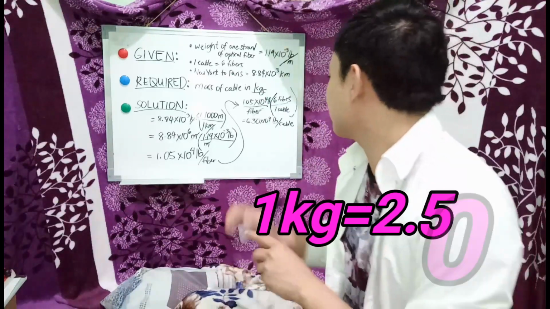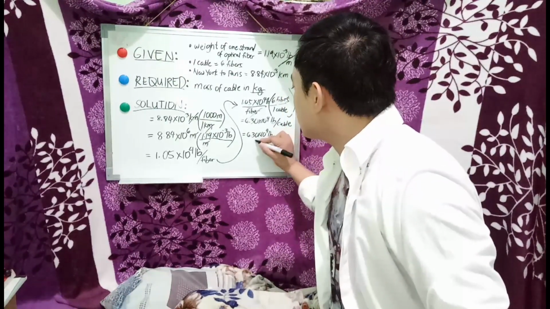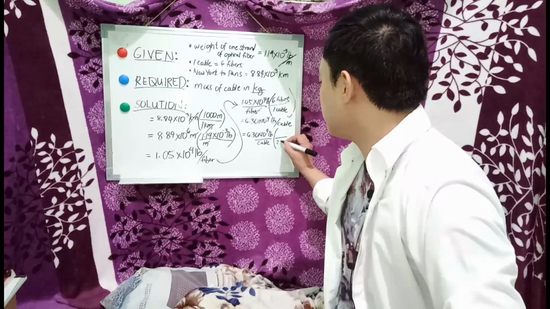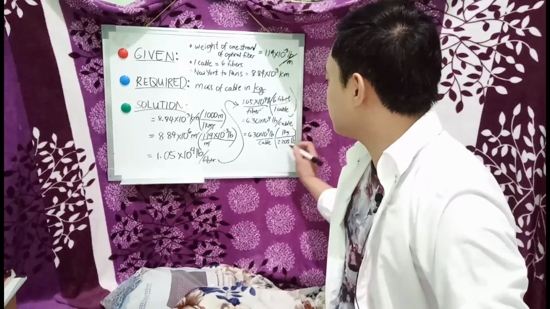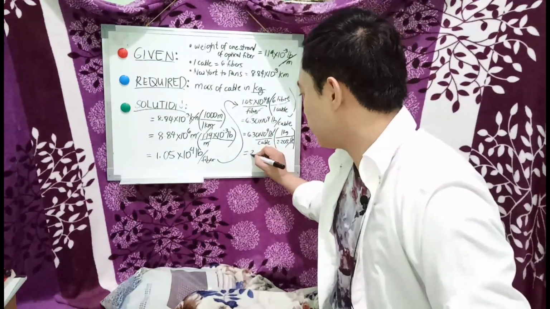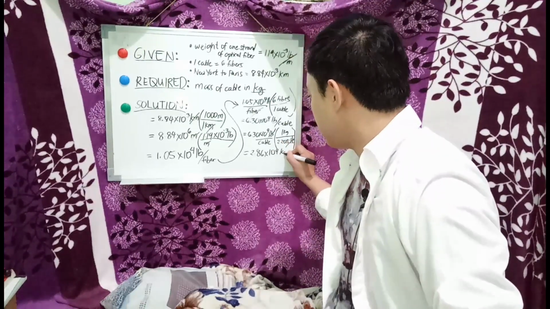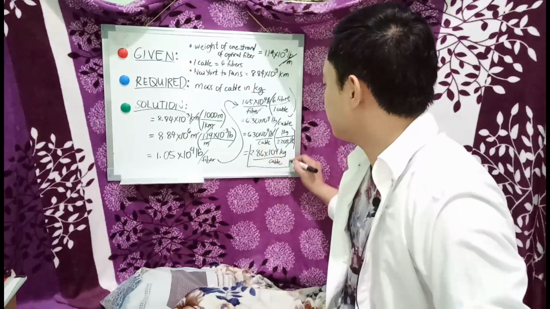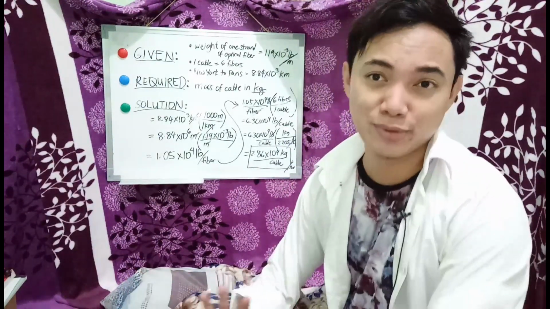So, yun ang gagamitin natin. So the answer is 2.86 times 10 raised to the power of 4 kilograms. Ito yung sagot niya.